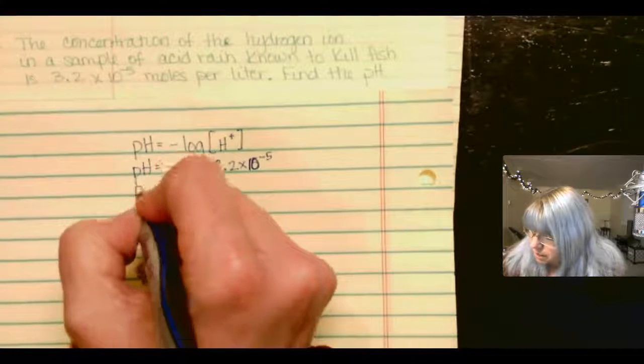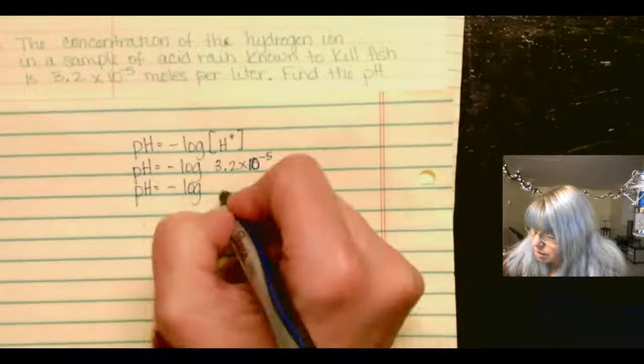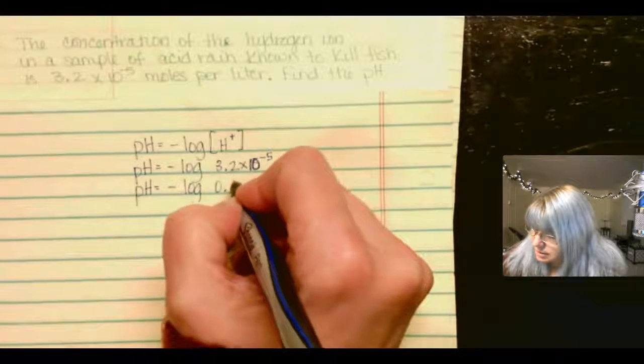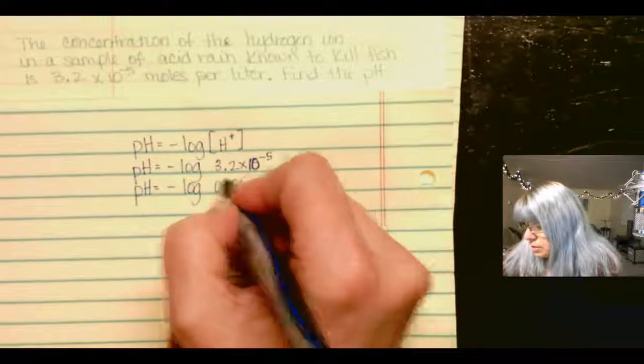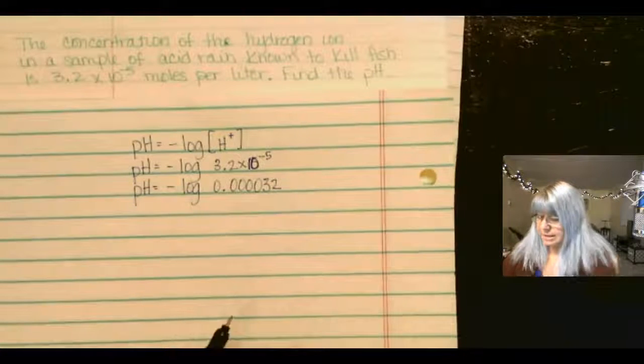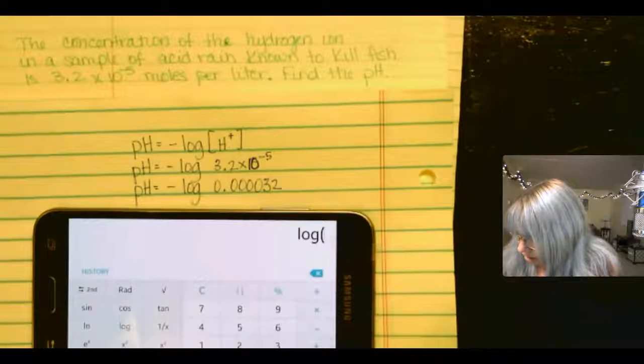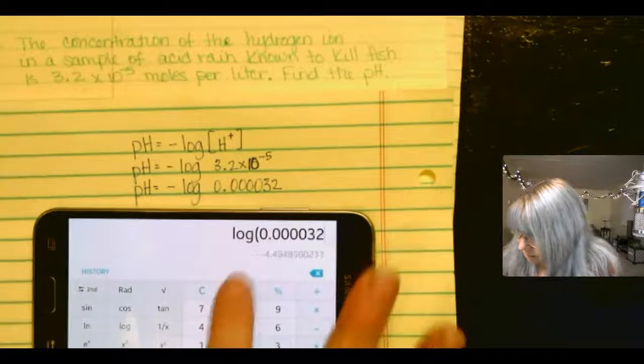Okay, and that's going to be pH equals negative log of 0.000032. So I can stick that in my handy-dandy calculator here. I do know I'm going to get a negative number times a negative number, so that's going to be a positive number in the end. So I want the log of 0.000032.